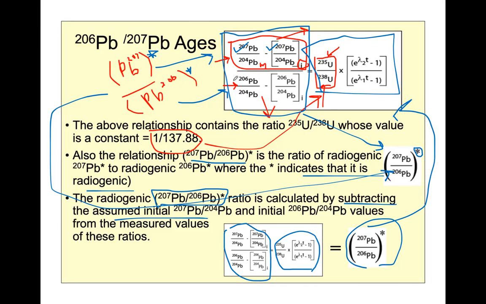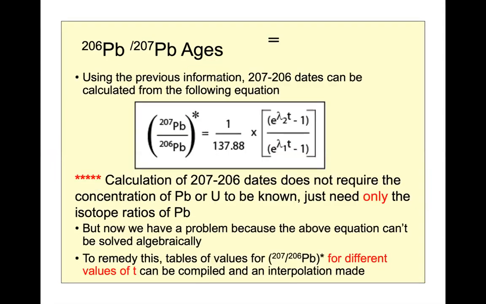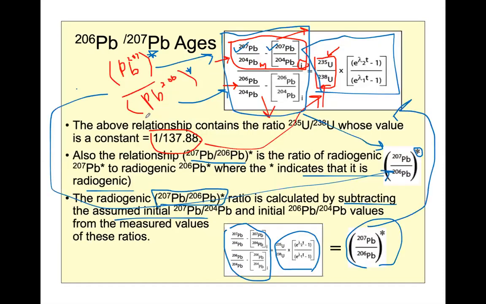Okay, right. So we'll see the same thing again. We use the previous notation, and we write down the radiogenic amount of 207 to 206, right? The same thing, which should be equal to this.